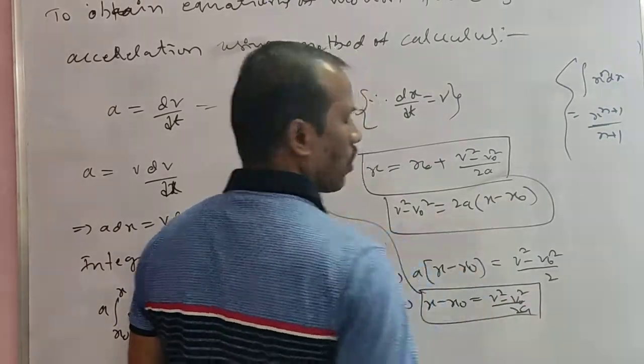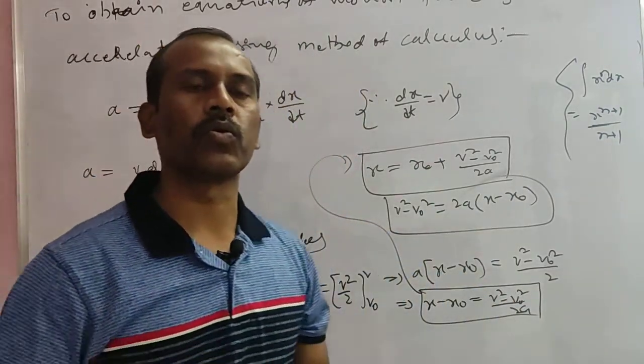This is also the formula v squared minus u squared is equal to 2as.